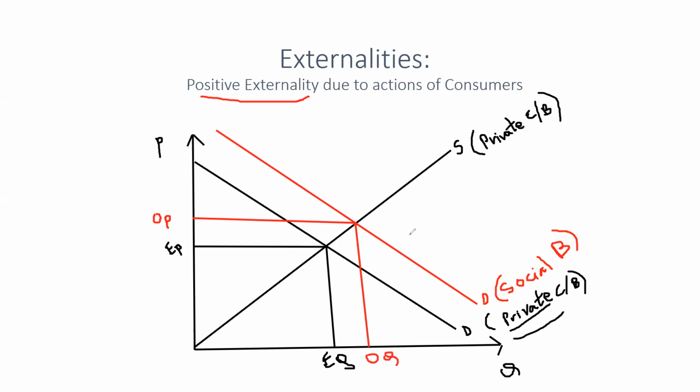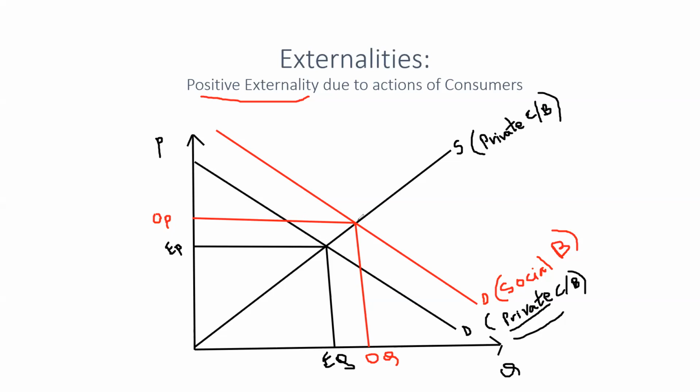Now, what's the difference? You see, equilibrium is good for private benefit, but if we are concerned about the benefit of the society, the optimal quantity is what is needed. So that is for the benefit of everyone, not just you. The optimum price should be different than equilibrium price.